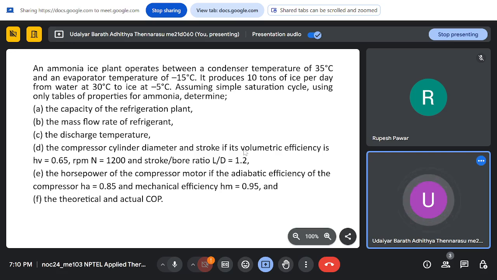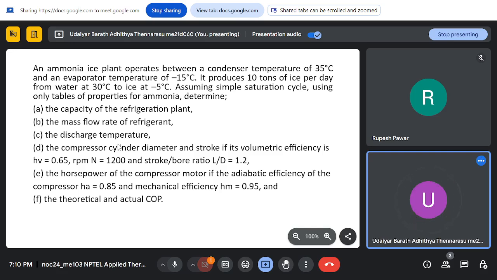So here again this is a vapor compression system. Here your refrigerant is ammonia. An ammonia ice plant operates between a condenser temperature of 35 degrees Celsius and an evaporator temperature of minus 15 degrees Celsius. It produces 10 tons of ice per day from water at 30 degrees Celsius to ice at minus 5 degrees Celsius.